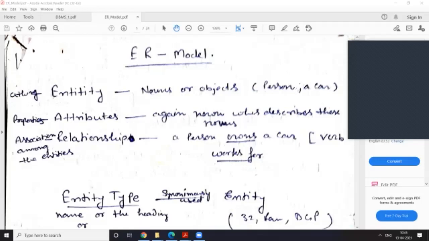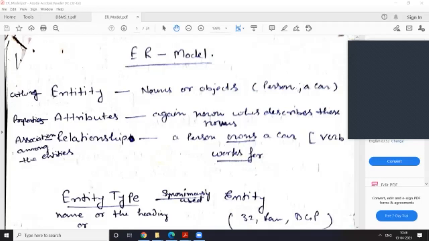In another example, suppose I say the employee works for a department. Here works for is a verb. Employee and department are two different entities, and they are associated to each other by the works for relationship.